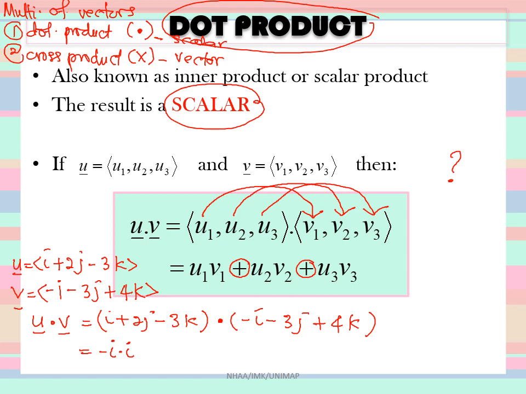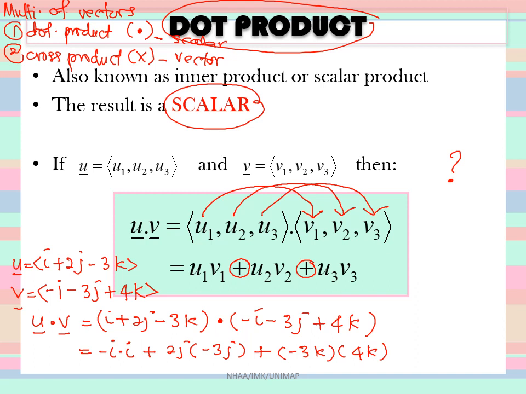Don't forget you need to plus 2j multiplied with negative j, plus the third component, which is negative 3k, multiplied with 4k, because 4 is positive.